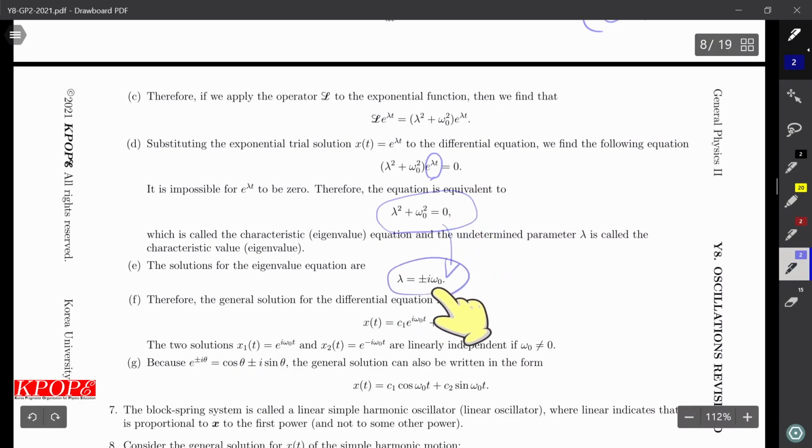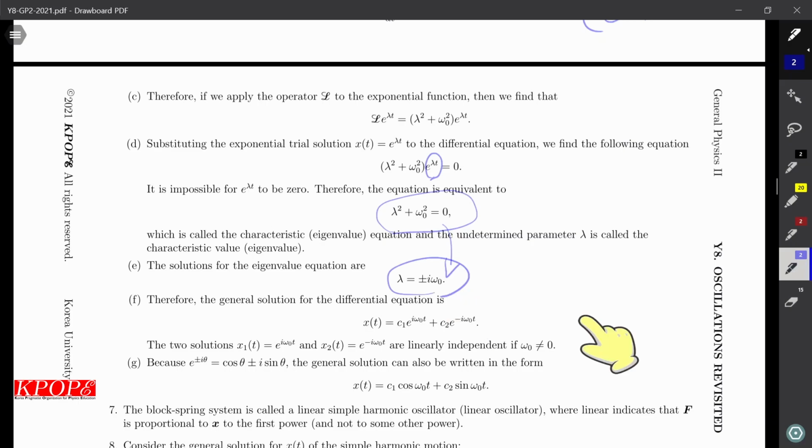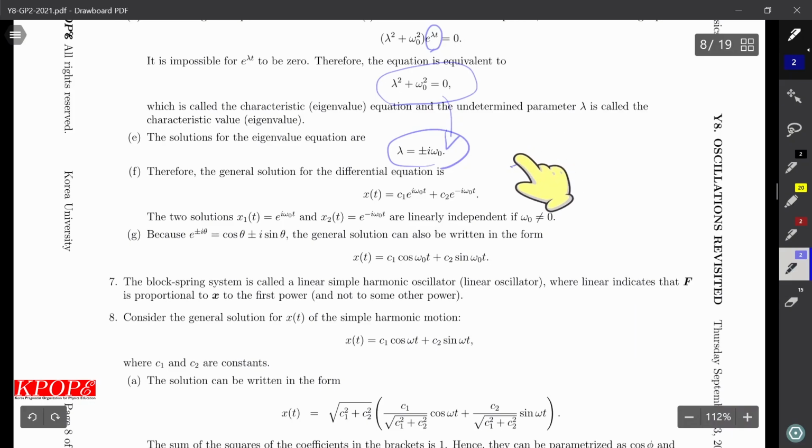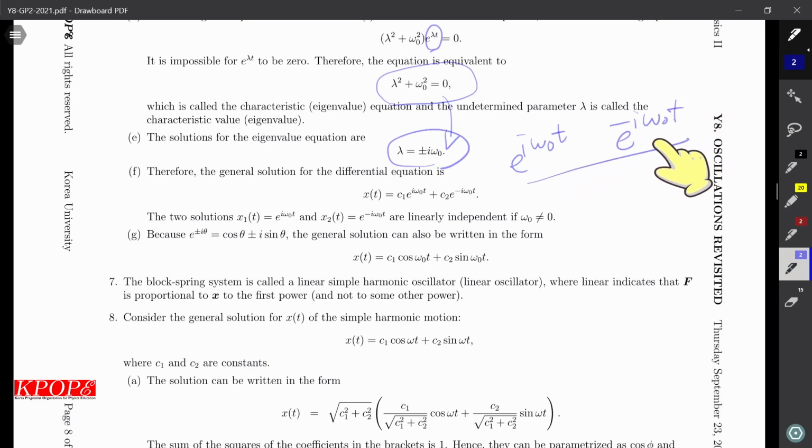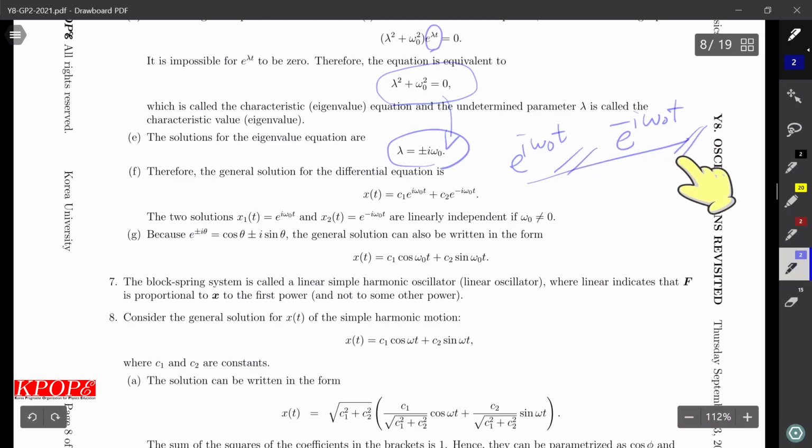The solution to this equation is lambda equals plus or minus i omega 0, and we have exponential e to the i omega 0 t and exponential e to the minus i omega 0 t. These two solutions are obtained. We can compute the Wronskian of these two functions, and as long as omega 0 is not 0, they are linearly independent.